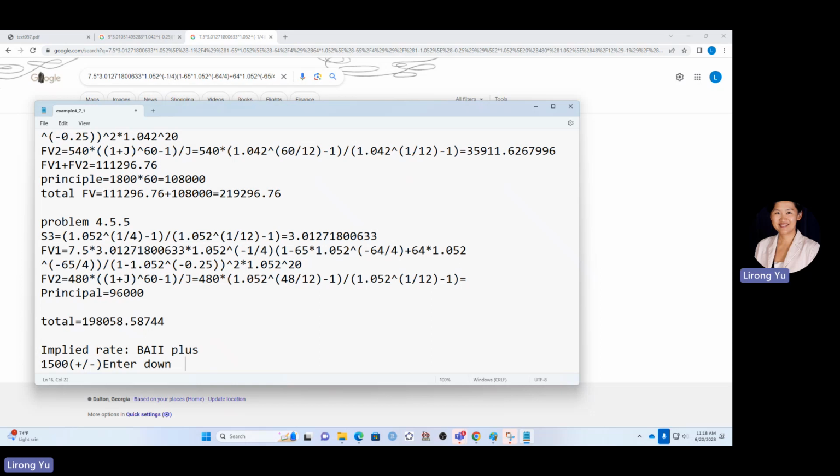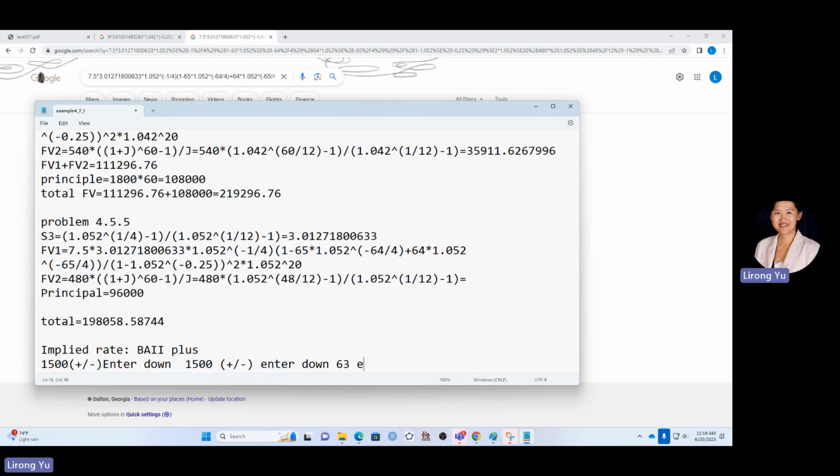That is setting the cash flow C0 equal to negative 1500, and then we would put in the done, and then we have 1500, then the plus or minus key, and you enter, which sets your first cash flow as negative 1500. Then push the down arrow, and then we can enter the number of payments, which is the frequency.